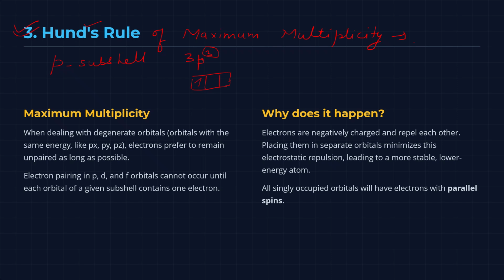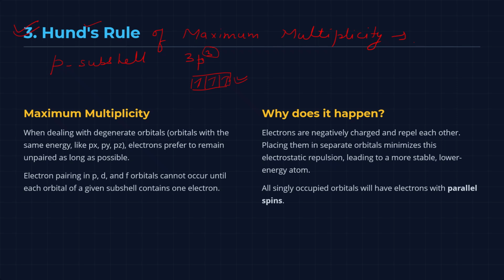First we will write 1 electron here of spin up, second electron here of spin up again, third electron here of spin up again. So this is the accurate way of writing the electronic configuration or arrangement of electrons in different orbitals of the same subshell.